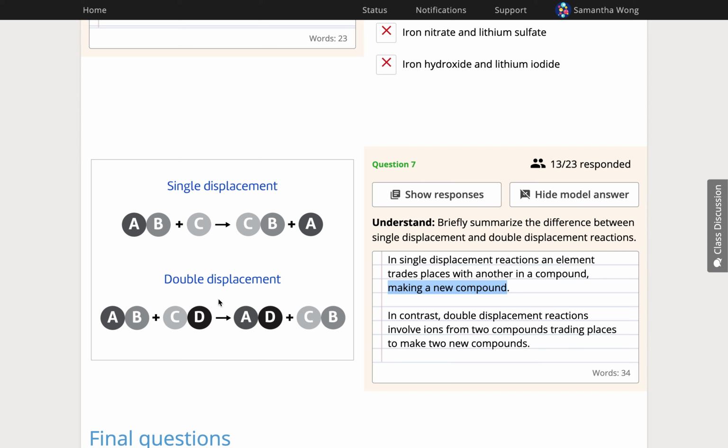Whereas a double displacement reaction involves ions from two compounds trading places to make two new compounds. So this compound is different to this one, which is also different to this, which is also different to this. So you get two brand new compounds.